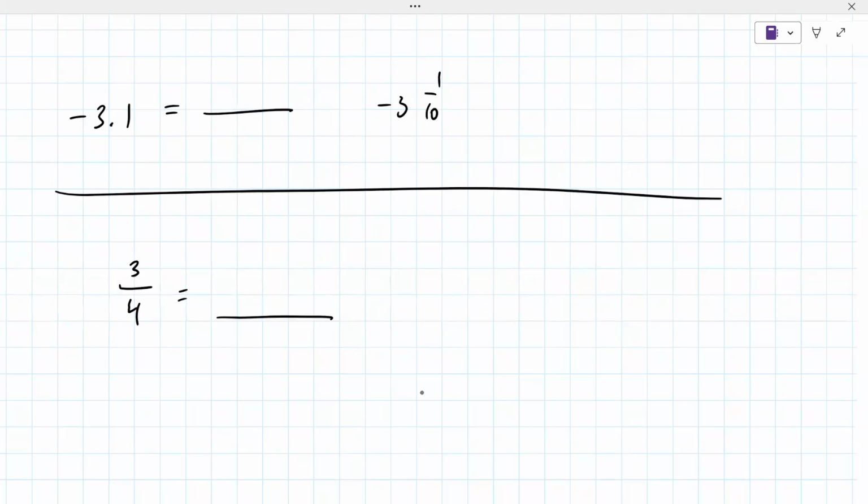Definitely need to work on these ones more.